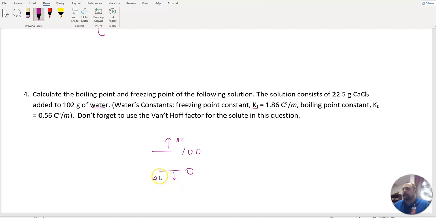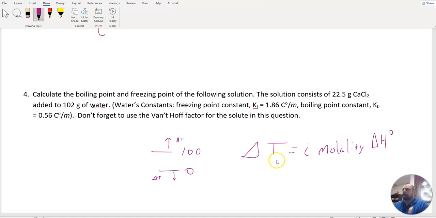So I'm going to take 0 and subtract delta T to get my delta T for my freezing point depression. So the delta T for each of these is going to be i times the molality times the delta H, whichever one you want to use.